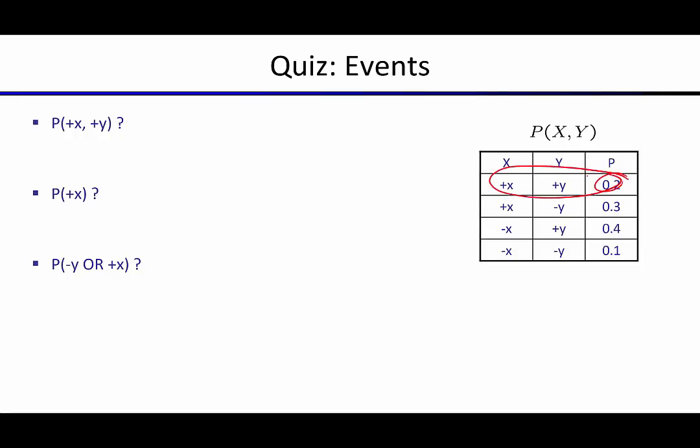What's the probability of plus x? What do we think? And here's 0.5. Why? Because plus x is sitting over here. What's the probability of negative y or plus x? Negative y, plus x, so 0.6.